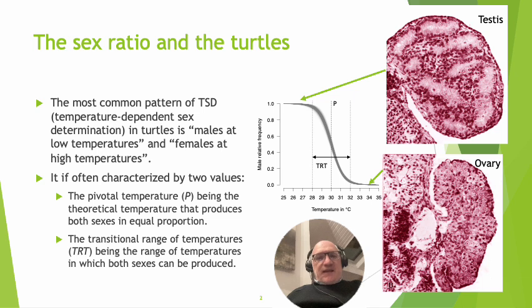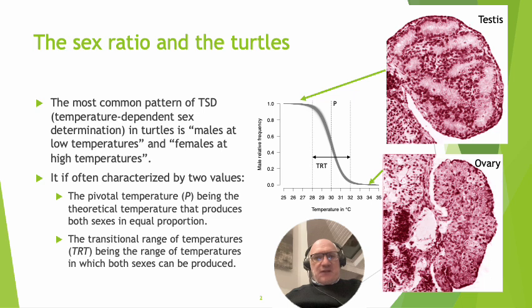The TSD, temperature-dependent sex determination, is a special pattern of sex determination in which the sexual phenotype is dependent on environmental conditions of egg incubation. This is observed in different reptiles, and in turtles the most common pattern of TSD is males at low temperature.